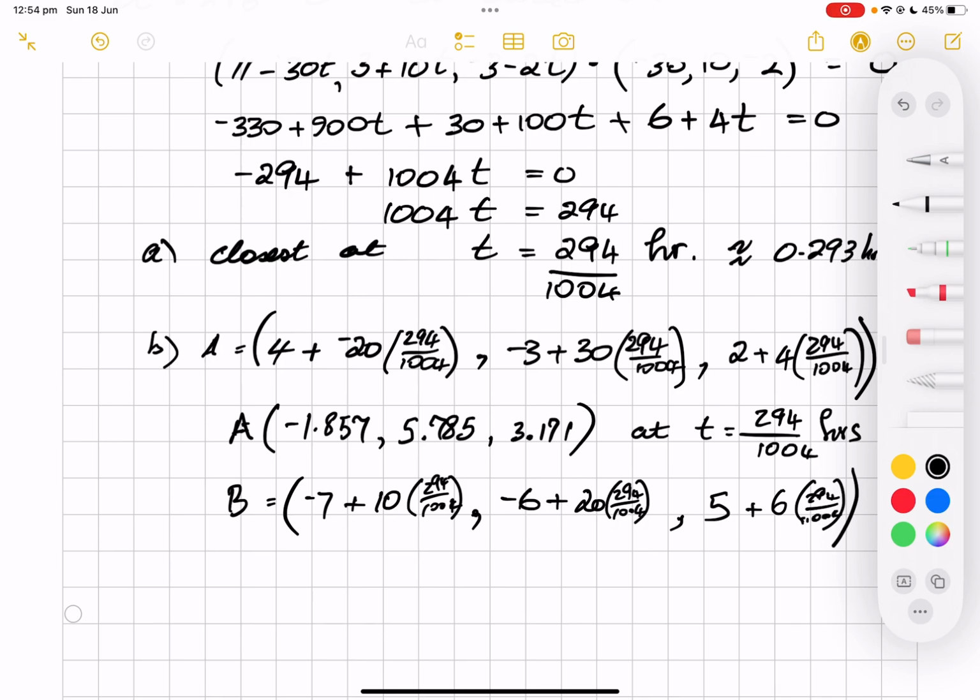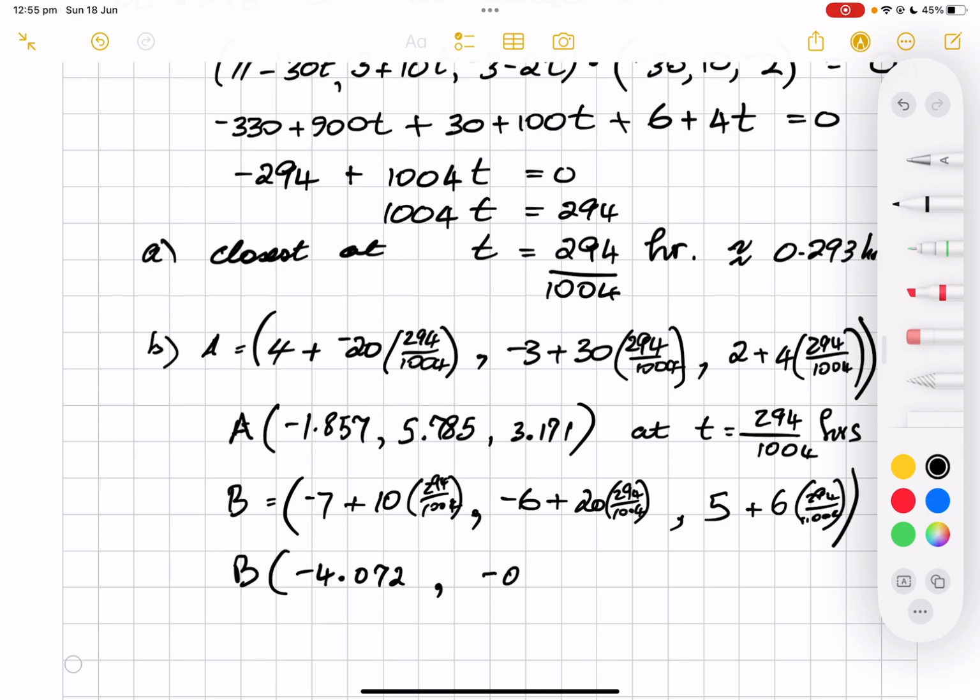Let's find out where B will be. So negative 7 plus 10 times 294 over 1004. All right, that's negative 4.0717, and negative 6 plus 20 times 294 over 1004.